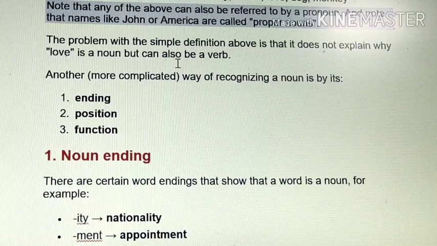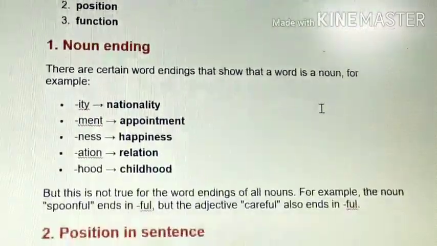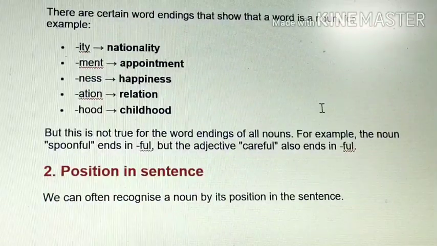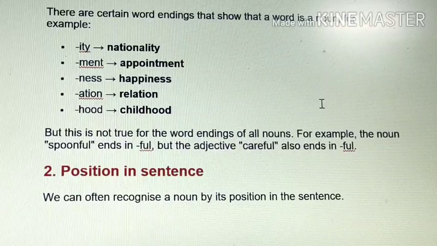First one, I have categorized this noun recognition in such a way. First name I have given, that is noun ending. What is noun ending? There are certain word endings that show that a word is a noun.